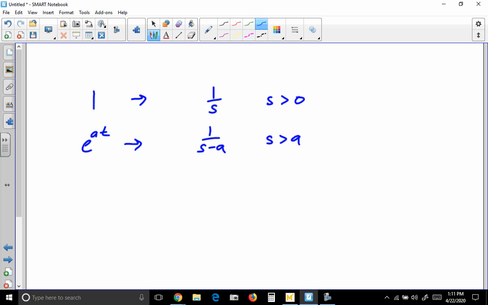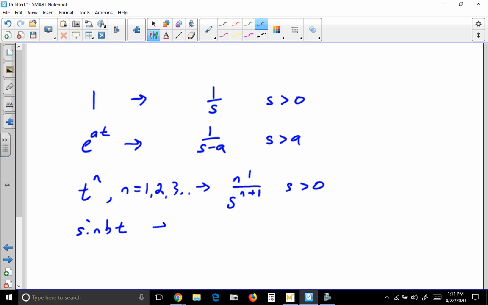If we have t to the n, where n is an integer, that transforms into n factorial over s to the n plus 1, where s is greater than 0. If we have sine bt, that transforms into b over s squared plus b squared. s is greater than 0.